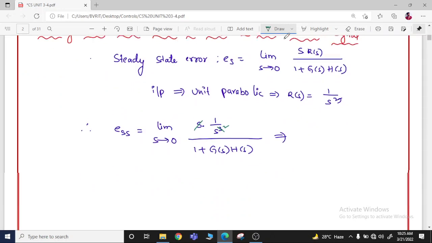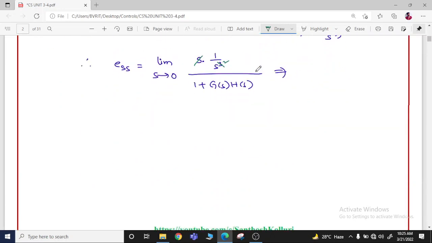Therefore ESS will now be limit s tends to 0 of 1 by s square plus s square into G(s) into H(s).